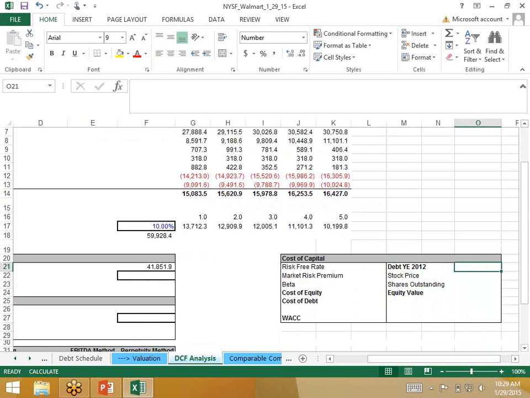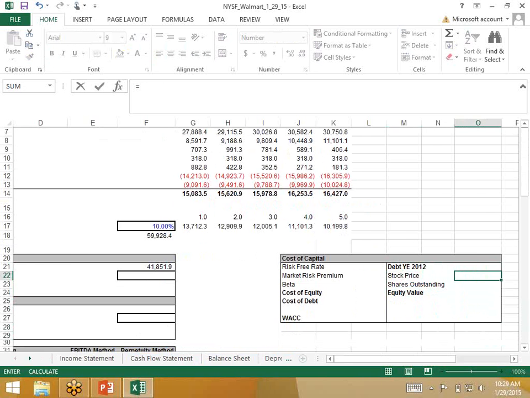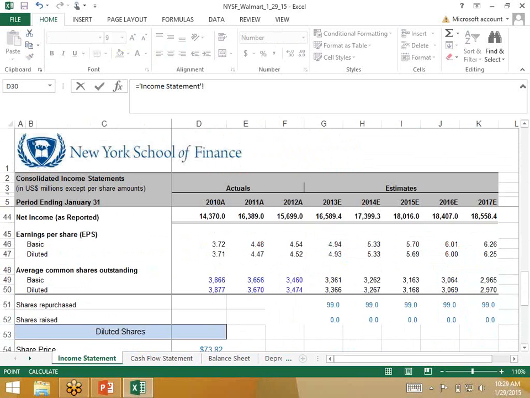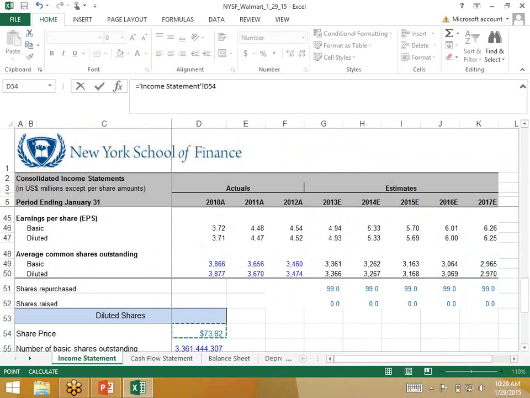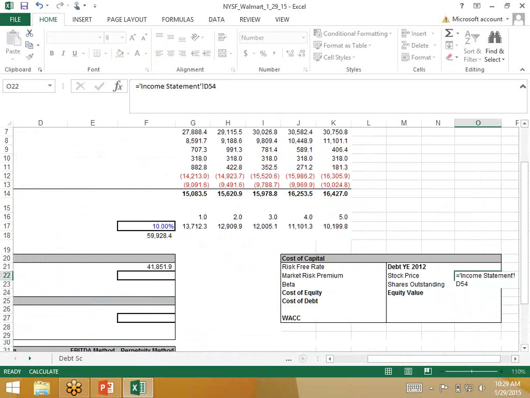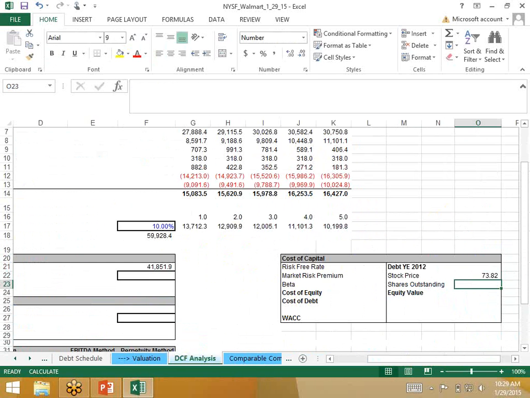That we can utilize. So I want to pull in the stock price. The stock price we had hard-coded, if you remember, on the income statement. So let's pull in the stock price from the income statement. I want to calculate the market cap and the enterprise value of Walmart. Pull in the share price. I'm going to pull in the diluted shares outstanding.